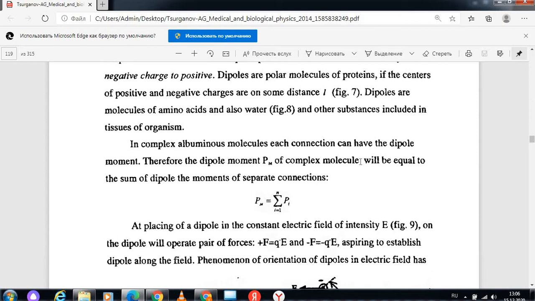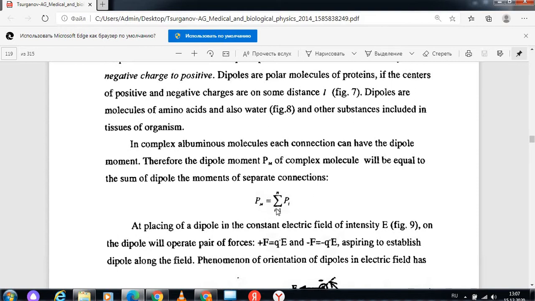Therefore, the dipole moment P of the complex molecule will be equal to the sum of the dipole moments of separate connections. P dipole moment is equal to the sum.